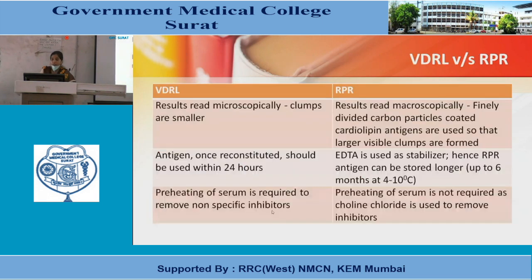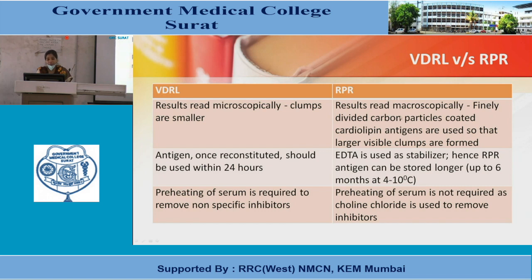So over here, another test is the rapid plasma reagin test. VDRL versus RPR: what is it? In VDRL the result is read microscopically and clumps are smaller, so for the examination we require a microscope. The RPR test result is read macroscopically.